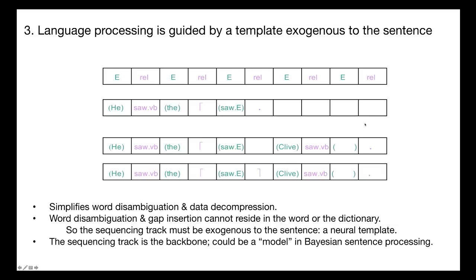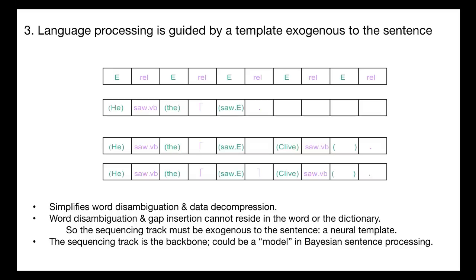Well, actually, that's good because you really want this "saw" over here to wind up over here, just like in transformational grammar, because Clive saw that saw. And so I'll talk later about how to do that. But you can see that this sequencing template simplifies everything.